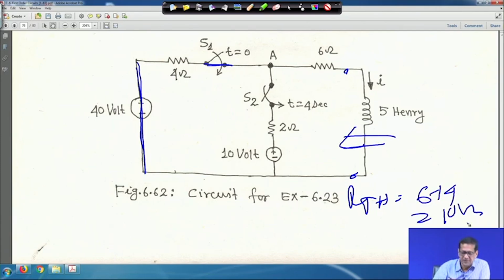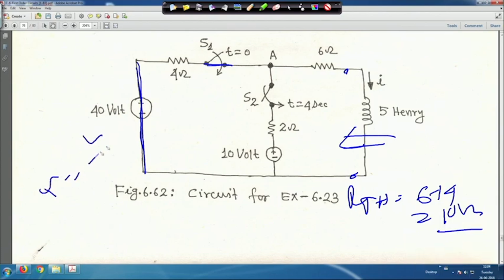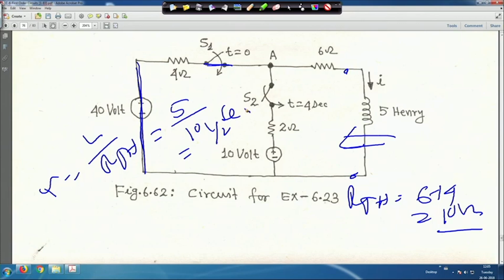This is R Thevenin, and tau is equal to L by R Thevenin, right. L is equal to 5 Henry and it is 10 ohm, so tau is equal to half second, right.